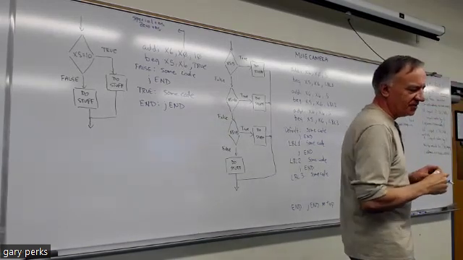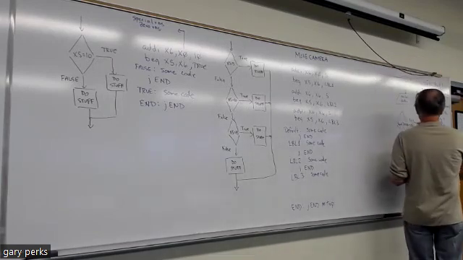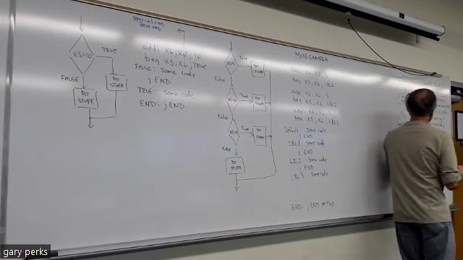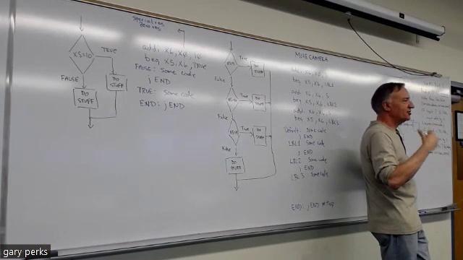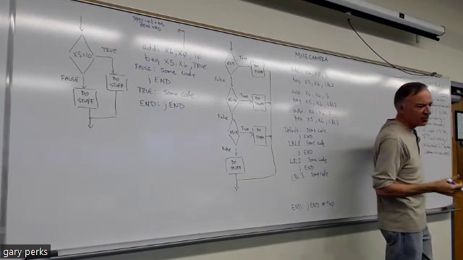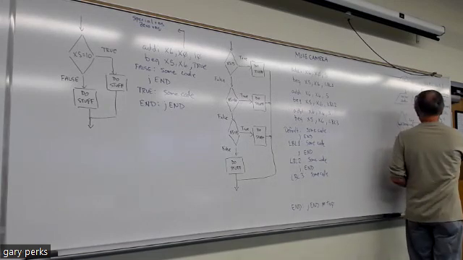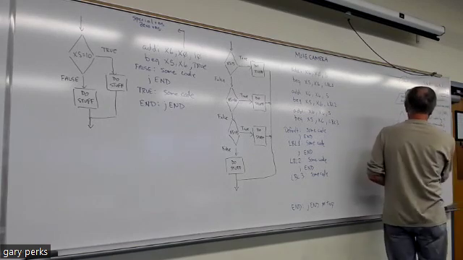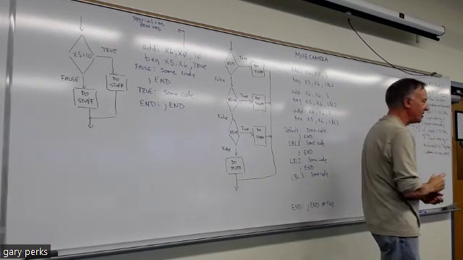So if it's true, we want to do what? Divide by 4. Anytime you're doing a process, addition, subtraction, division, multiplication, any kind of process, it's just a square or a rectangle. It can be either a square or a rectangle. So this would be divide by 4 if it's true. And then if it's not true, multiply by 2.